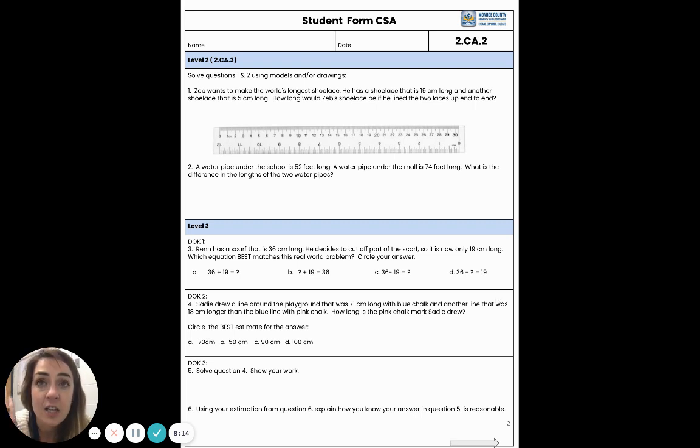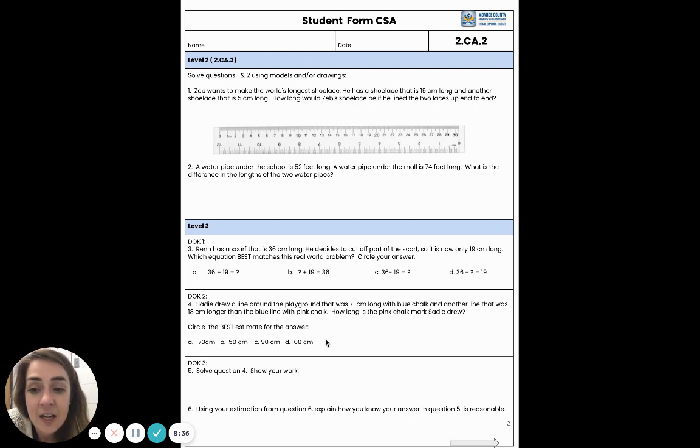Ren has a scarf that is 36 inches long. Sounds like my start. He cut some away. Okay, that sounds like he took some away. Minus. And now he has 19 left. So which one matches that story problem? And you're just going to circle one. Pause it if you need to think about it.